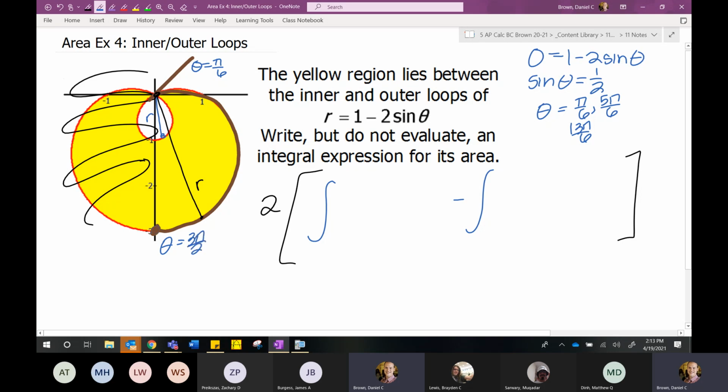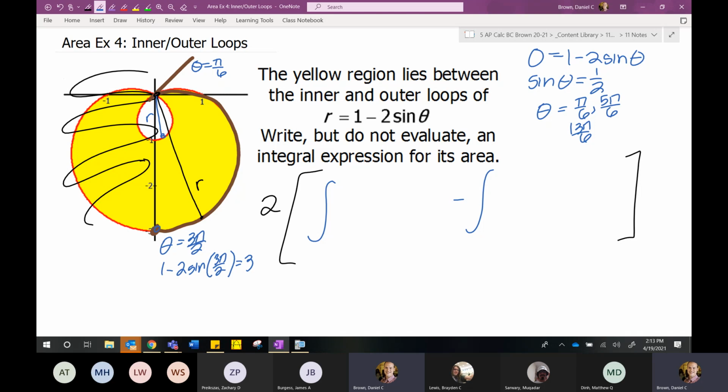When I plug 3 pi over 2 in, I have 1 minus 2 sine of 3 pi over 2. Well, the sine of 3 pi over 2 is -1, so we have 1 minus 2 times -1, which gives you 3, which makes sense. That's crossing where it's 3. Again, the other way to do that is write an equation, set it equal to 3 and solve, but most are going to be easier as guess and check.